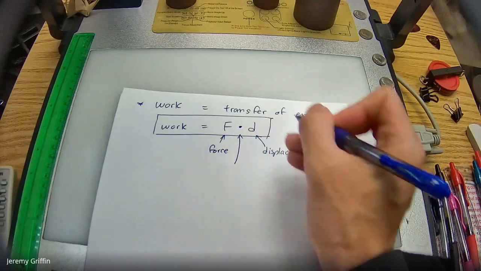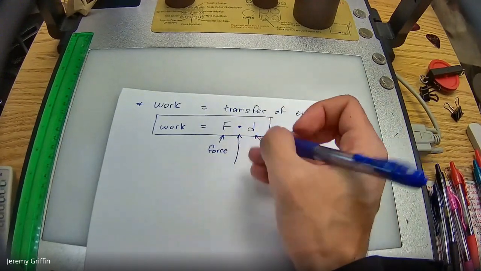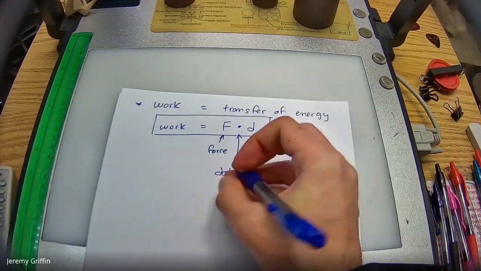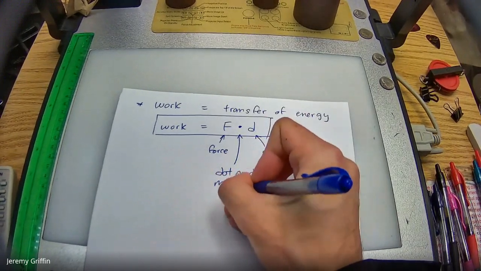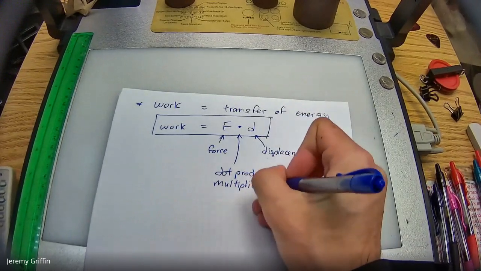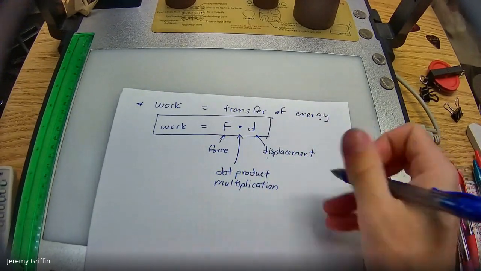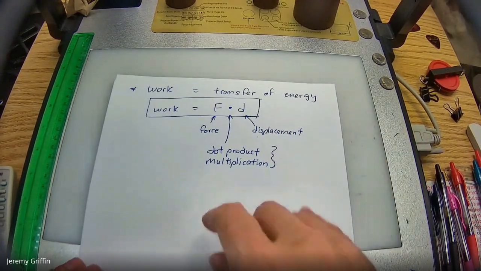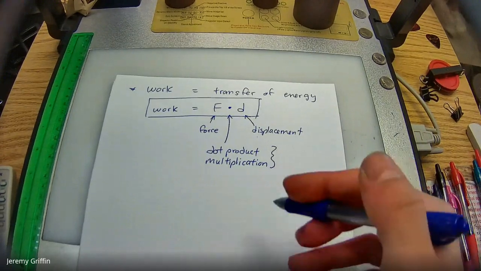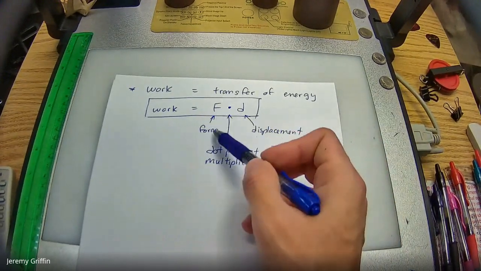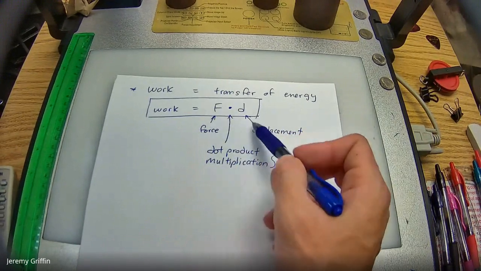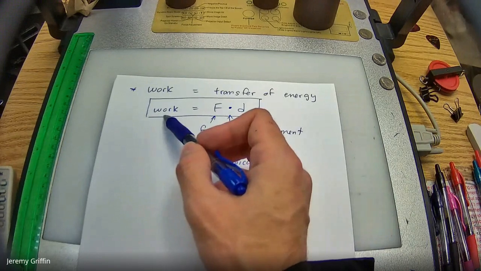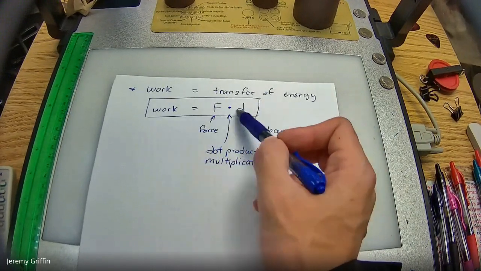This is called a dot product multiplication. Think about it before I tell you exactly what it means. Think about what some things it could possibly mean. Force is a vector quantity, with magnitude and direction. Displacement also has magnitude and direction. But energy, I told you, is a scalar quantity. There are different ways to multiply vector quantities together.